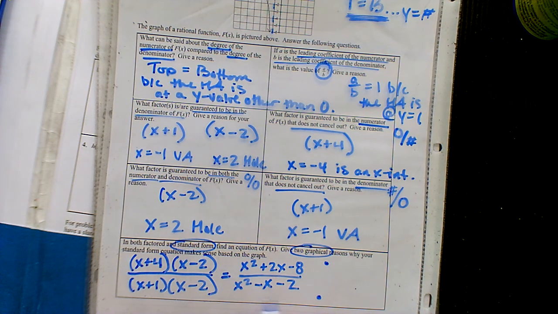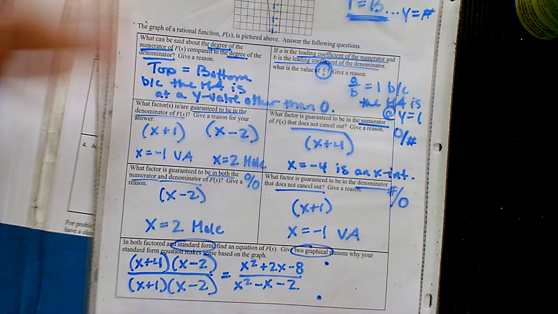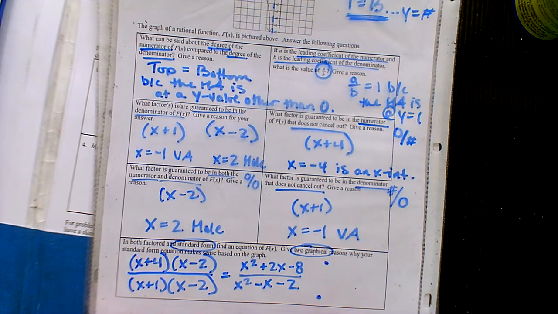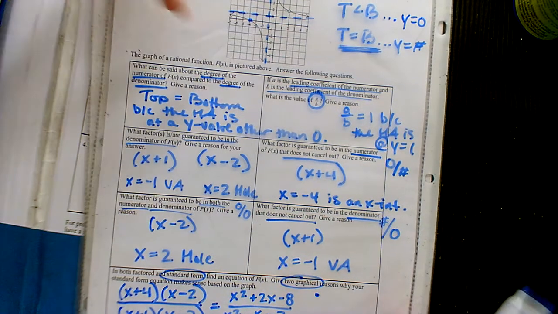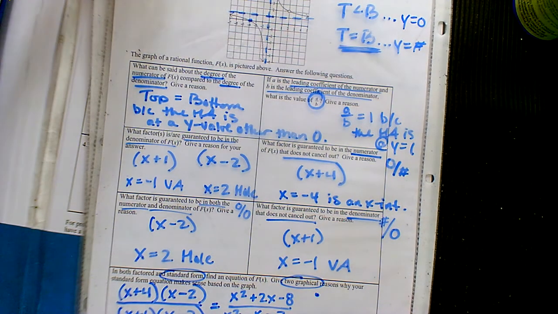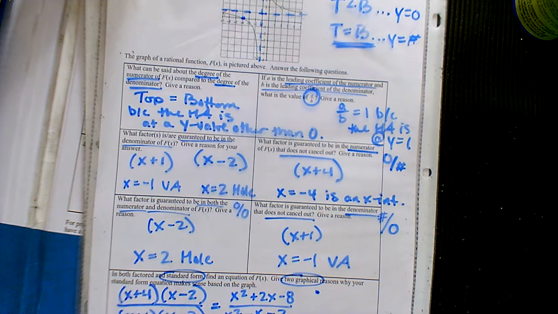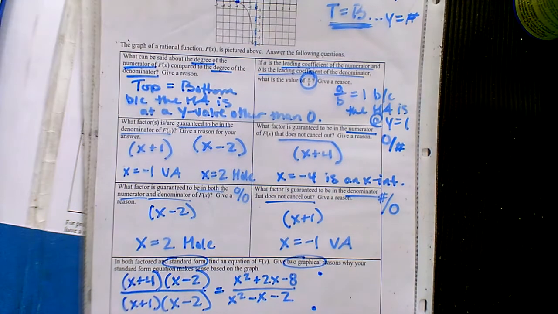Does this standard form equation confirm anything that we previously said? Does this standard form equation maybe confirm other characteristics based off the graph? Can we find some ways to check our work? What do you think? Yeah.